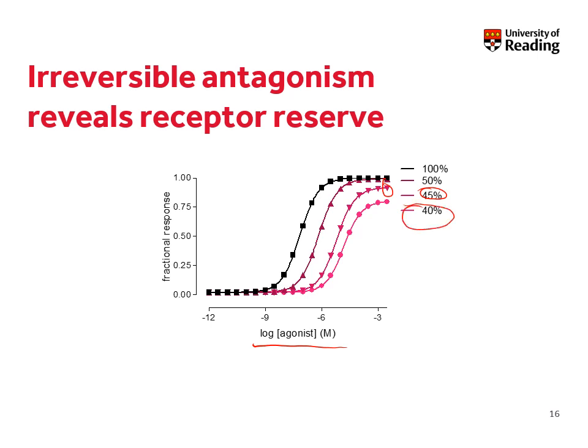And here, when 40% are available, you see a further decrease. So what it means is that there's a huge reserve of receptors. In this example, you only need about 50% of the receptors to produce a maximal response. So there's a massive receptor reserve.